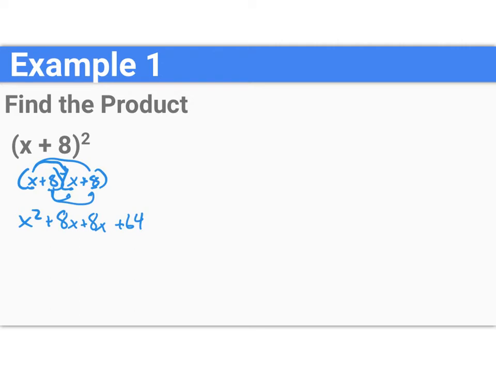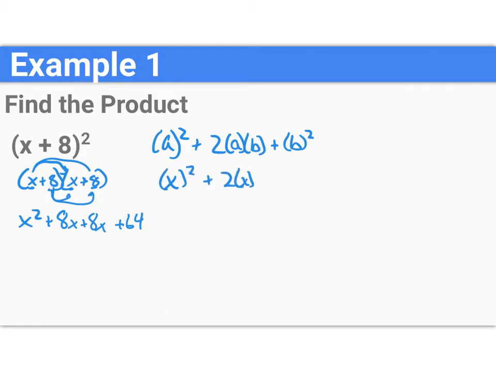You have the first term a squared plus 2ab plus b squared, where the x is the a, so we'll put the x in, squared, plus 2. The a term is x, the b term is 8, plus b squared, which is 8 squared. And you will see we will get the same thing. x squared plus 16x, combining like terms, plus 64.